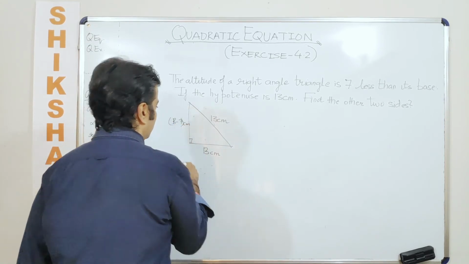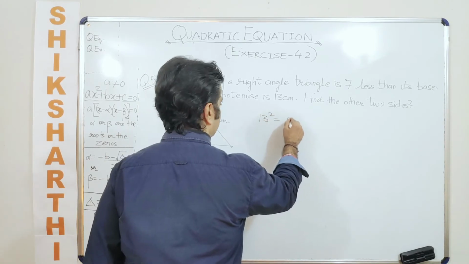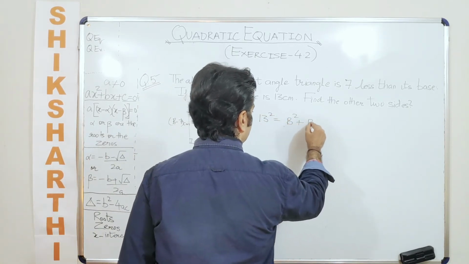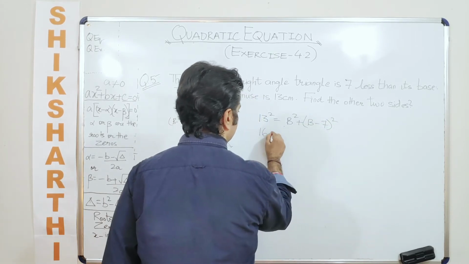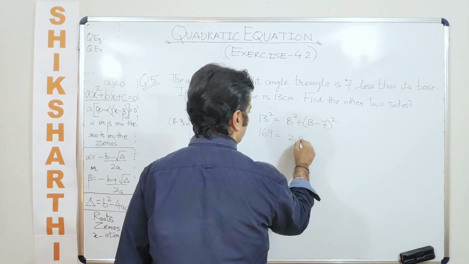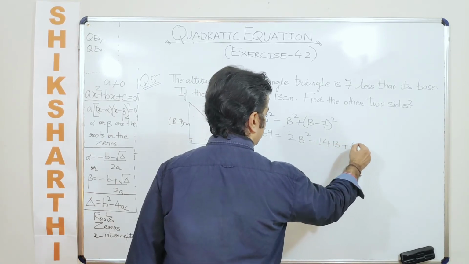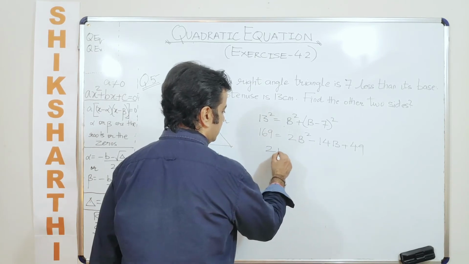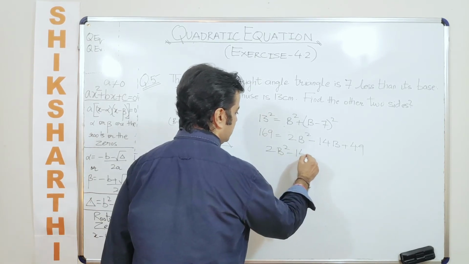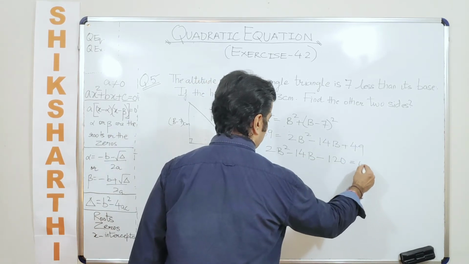So let's apply Pythagoras theorem from here, which says 13 square is equal to b square plus b minus 7 whole square, which is just like saying 169 is equal to 2b square minus 14b plus 49. Right? When we solve further, we'll be able to say that this is 2b square minus 14b minus 120, which gives me a 0.